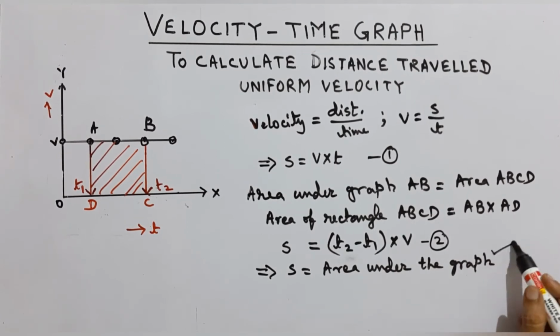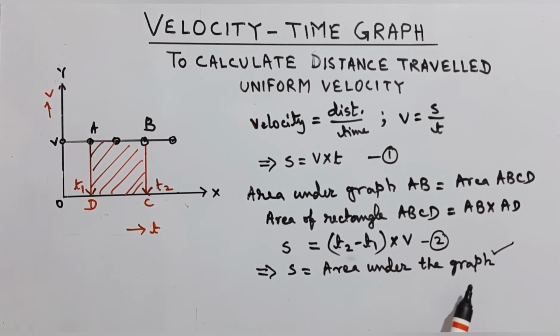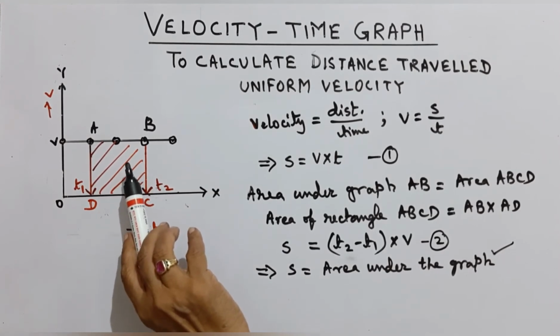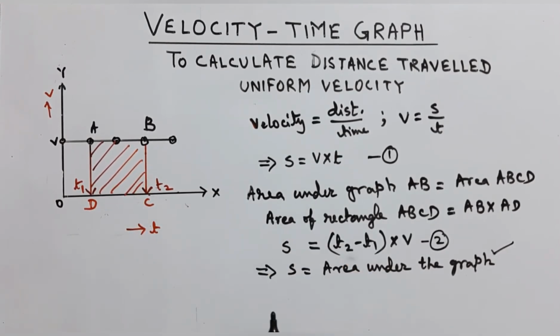This is an important relation. We can easily calculate the area under the graph, and so, only by calculating the area under the graph, we can calculate the distance travelled by the object during that portion of the graph. This is for uniform velocity.